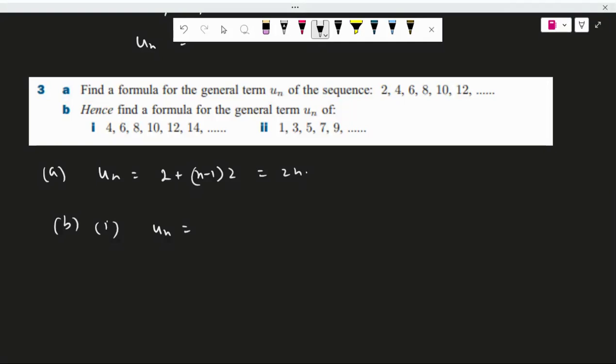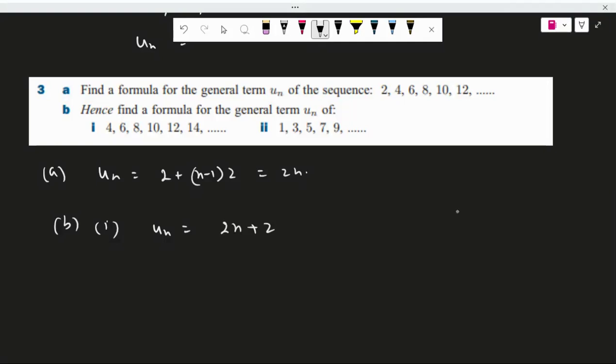What will be the general term Un? See, you just need to observe the pattern, right? We have 4, 6, 8. So the difference between part A and part B is that plus 2. In part A it starts with 2. So we have 2n. So let's write 2n plus 2. This will be the nth term.